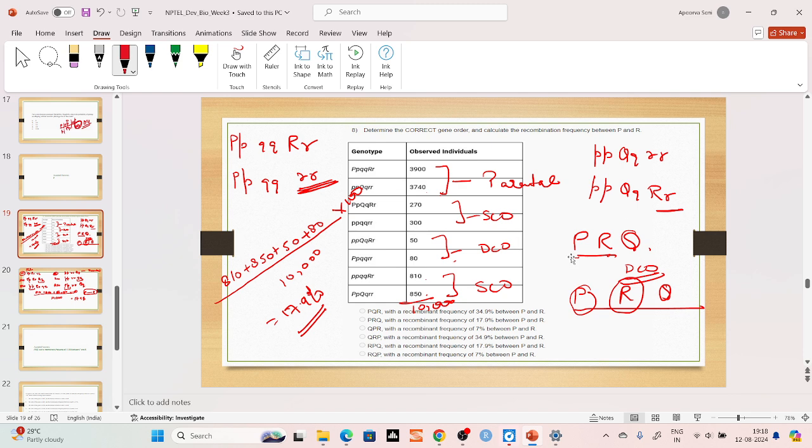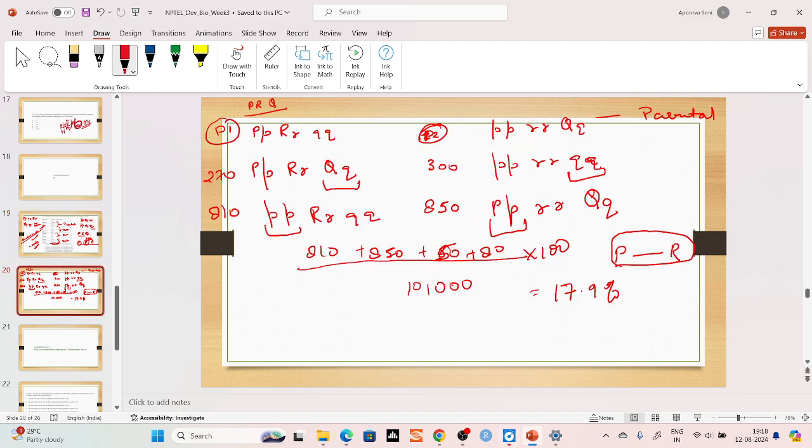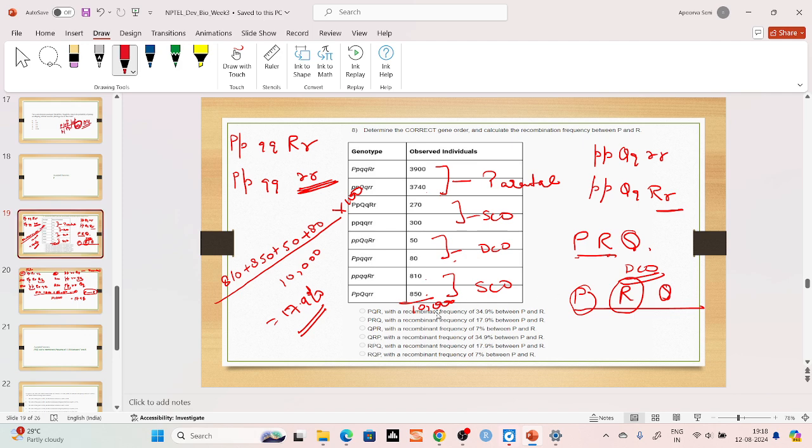Here it was PPQQRR; I arranged it for comparing and kept R in between. To identify the single crossover classes where recombination has taken place, you should first arrange it in the correct order, and then only calculate the recombination frequency. This is an important point.